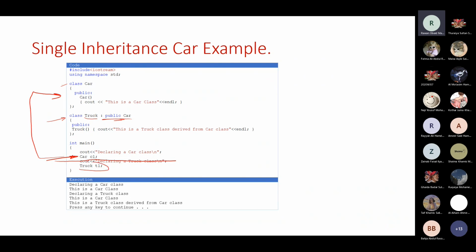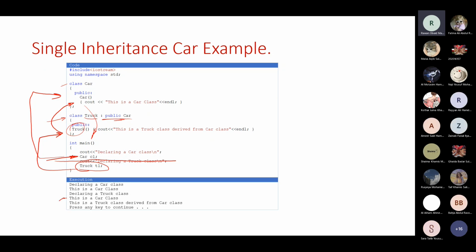When I declare truck here, it will go here, but before executing, it will jump there and write, this is a car class, then it comes to execute the constructor of the truck. Then this is what I'll get. This is a car class, and this is a truck derived from car class.